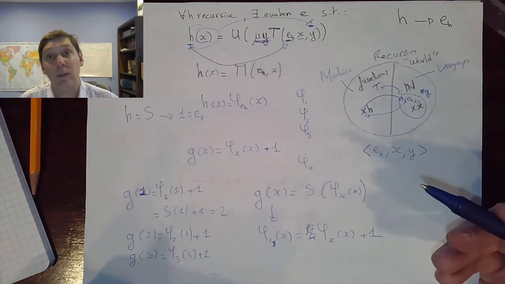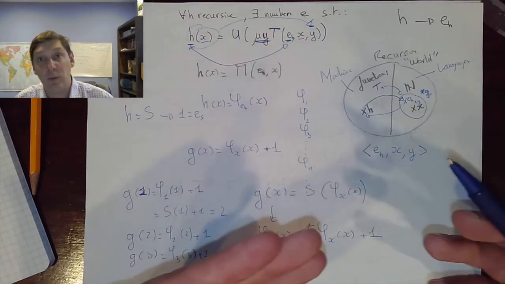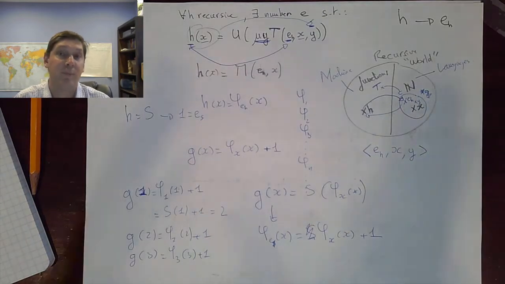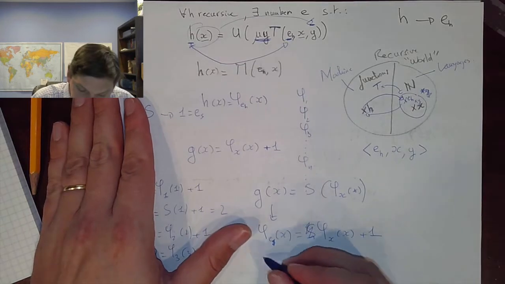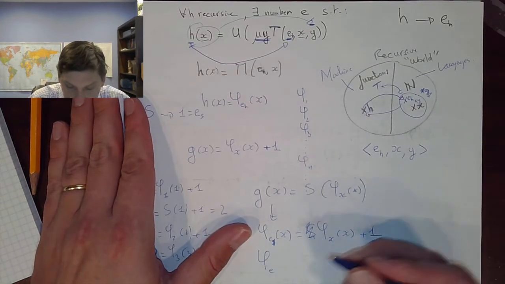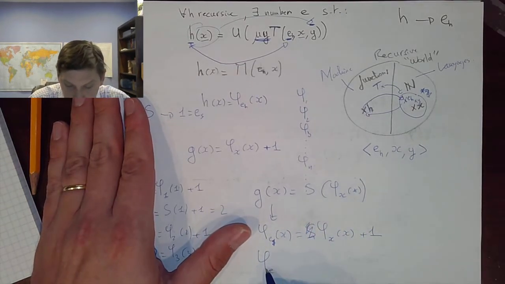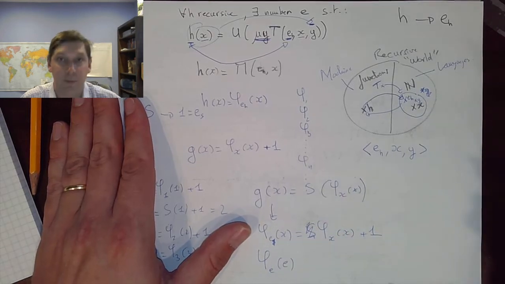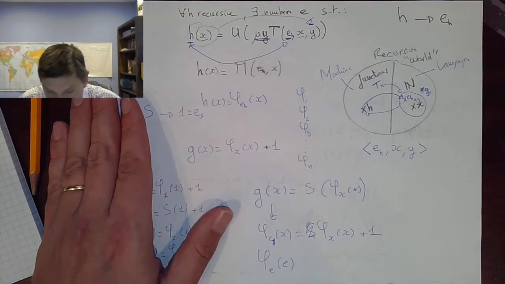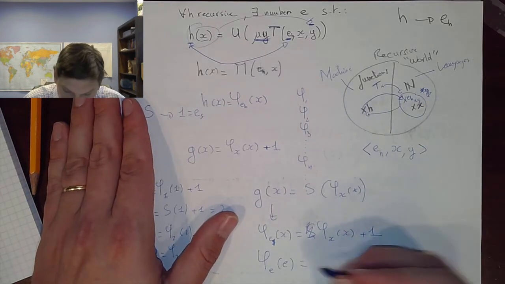Well, here we have a problem, and this is where we use diagonalization. It should remind you of diagonalization in the decidability chapter. If I apply now f of e, phi of e to e itself, what do I have?